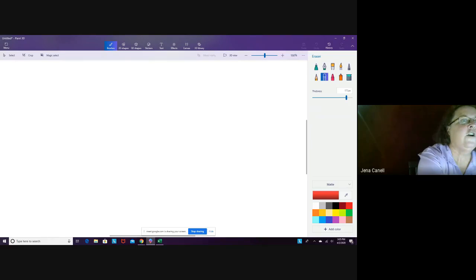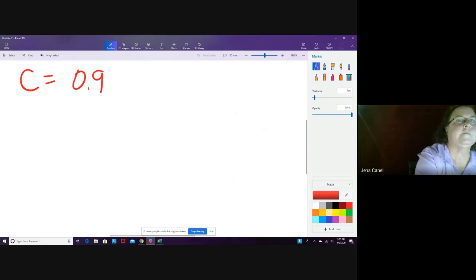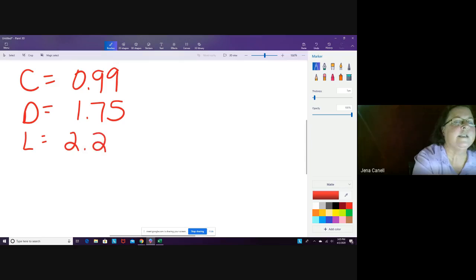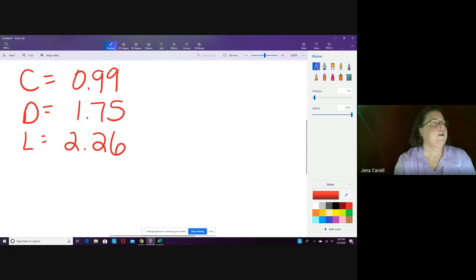All right. The carnations cost 99 cents each. Daisies cost $1.75 each. And lilies cost $2.26 each. Okay, so we've taken care of the first sentence. We have it all right there in front of us. Now it says, how much would an arrangement cost that is made up of 3 carnations?